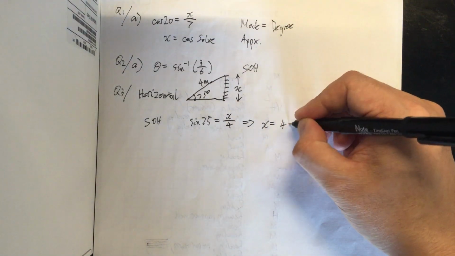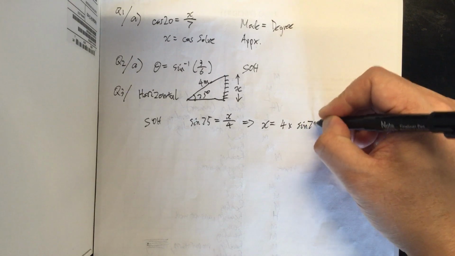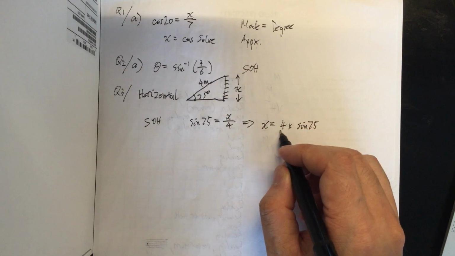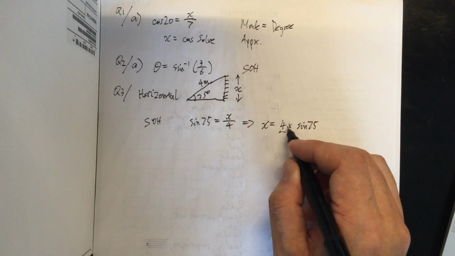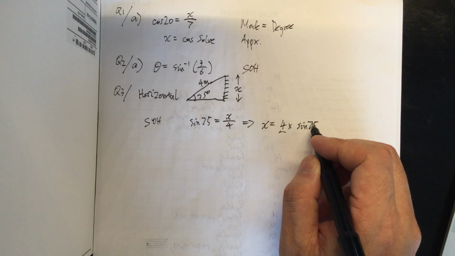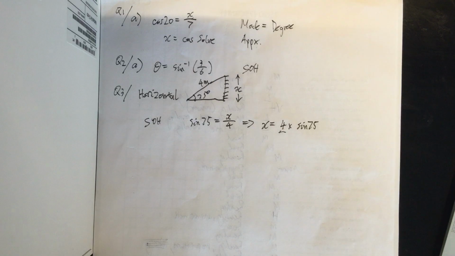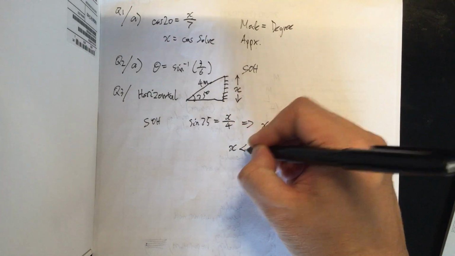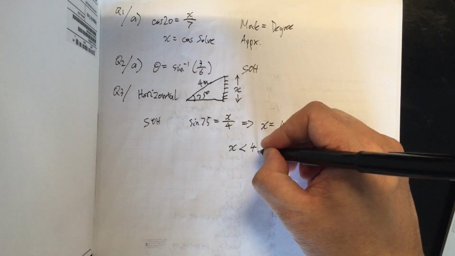Well, x is 4 times sine of 75, or sine of 75 times 4. I like to put the 4 in front so that the 4 doesn't get multiplied into that. You can easily make that kind of mistake. Even if I don't know what the answer is, x must be smaller than 4, okay?